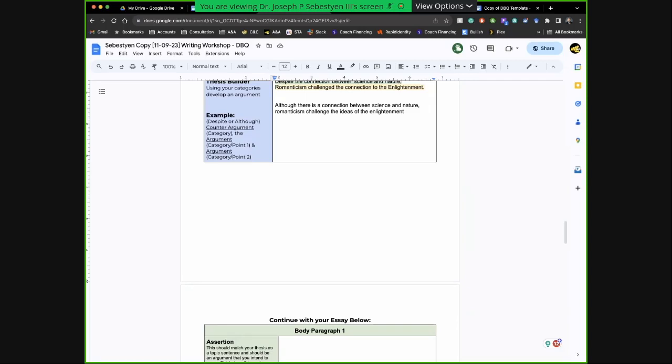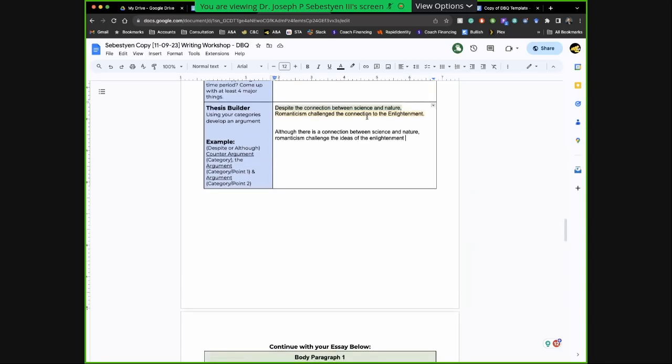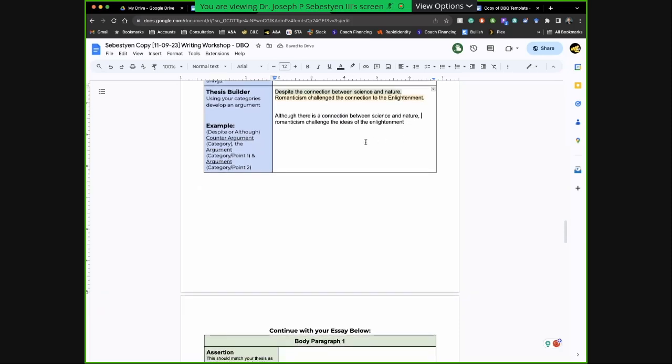The only thing I would do to make it stronger is add a reason for each of these, so our sentence can be stronger. So although there is a connection between science and nature, romanticism challenged the ideals of the Enlightenment in regards to devaluing logic. That's what they were doing, right?